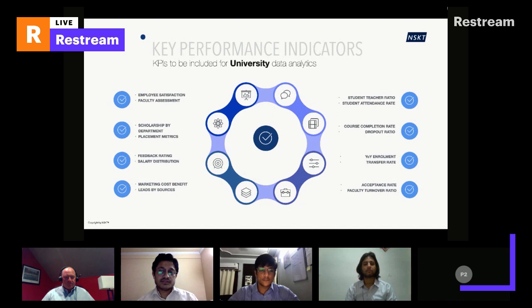Then another important KPI is the student attendance rate, right? Universities which don't follow modern reporting and follow the old reporting format find it very difficult when accreditation authorities come in and ask for student attendance. They find it hard to track old or manual records to find the student attendance rate in the past 4 or 5 years, or by different courses.